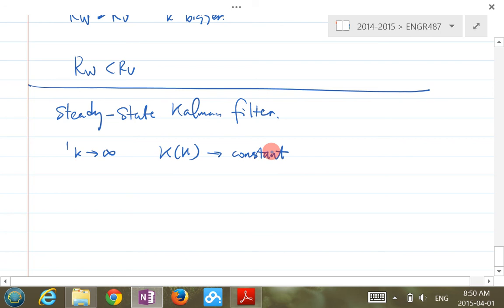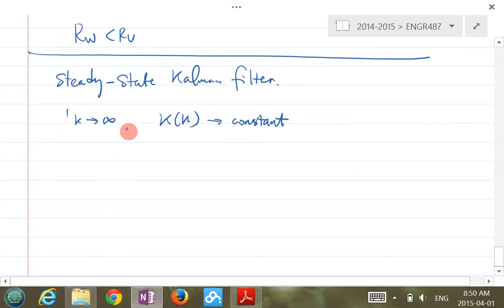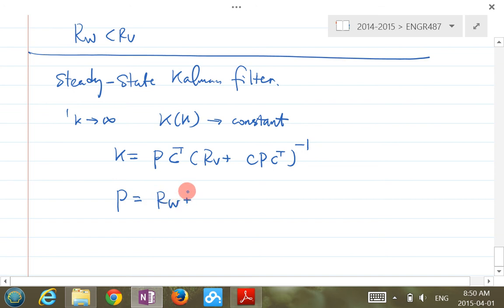Then the formulation from the table will just become capital K equal to P C transpose, R_V plus C P C transpose, inverse. You can get rid of all the small k now. And P equals R_W plus G P G transpose minus G P C transpose, R_V plus C P C transpose inverse, C P G transpose.